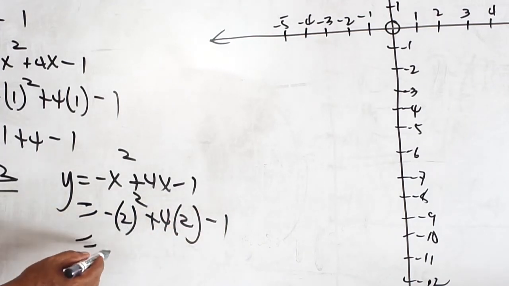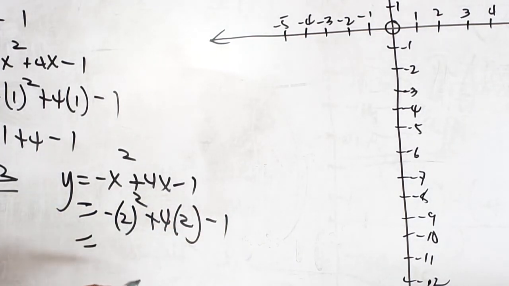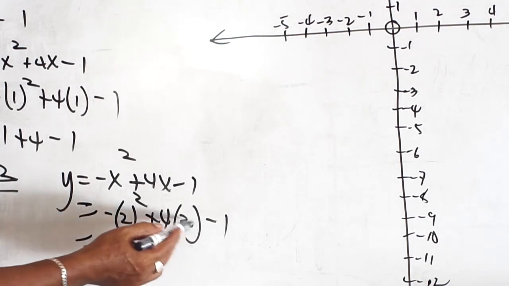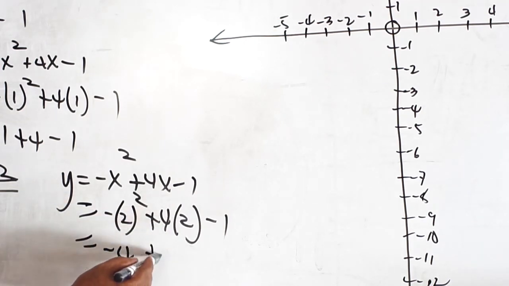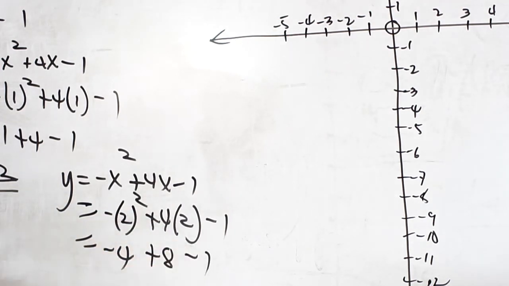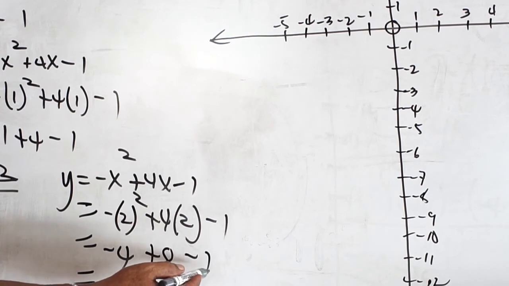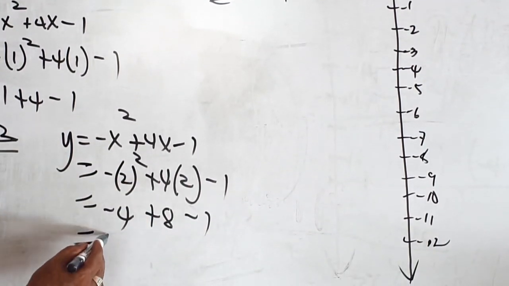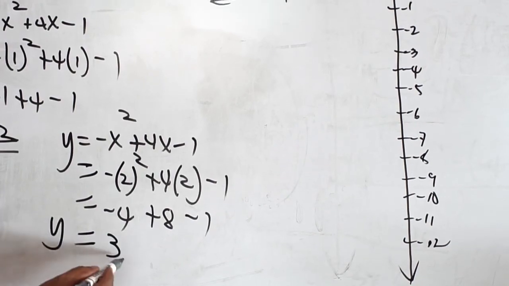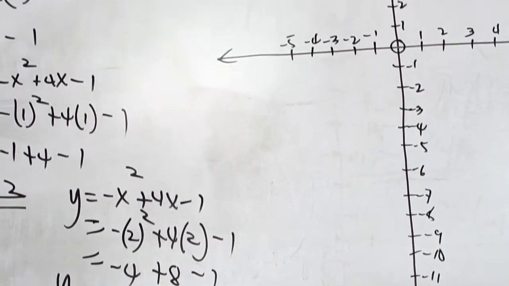The square of 2 is 4, then multiplied by negative, that is negative 4. Then 4 times 2 is positive 8. Then we have negative 1. Then combine: negative 4 and negative 1 is negative 5. Then positive 8, so we have positive 3. So the value of y is equal to positive 3.